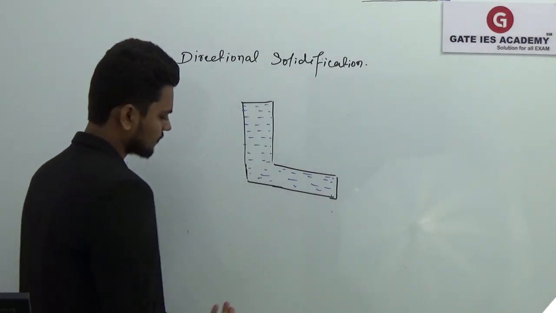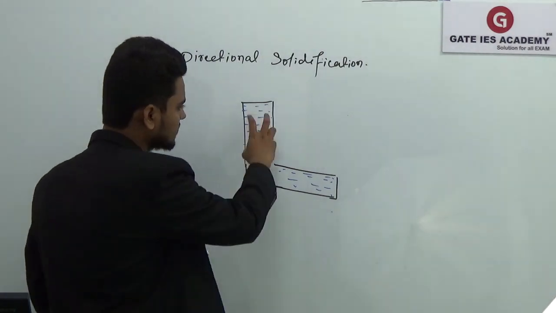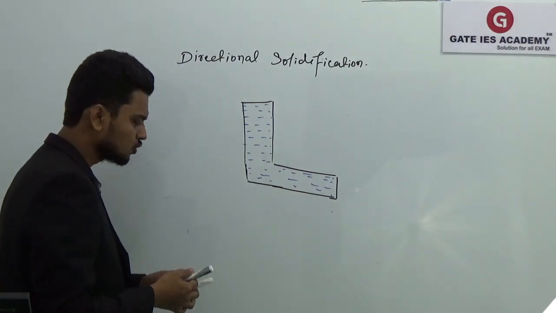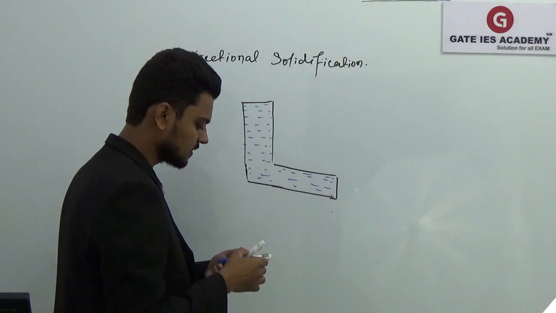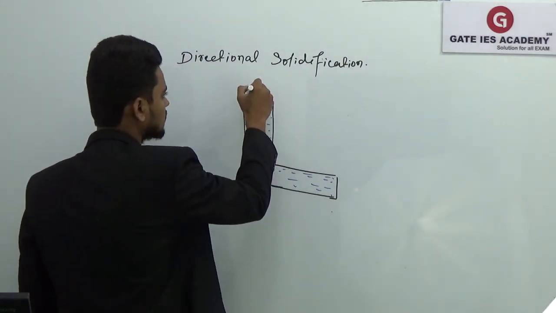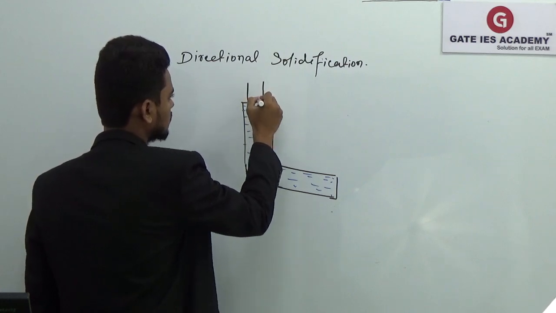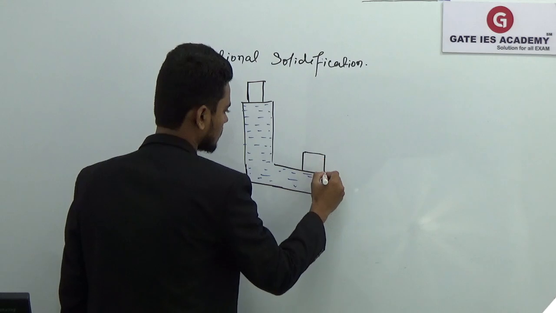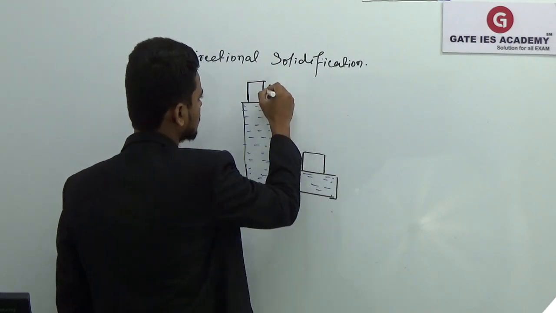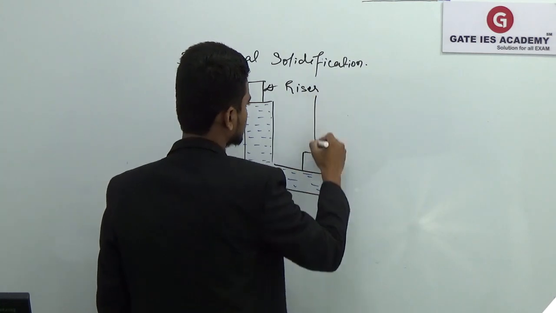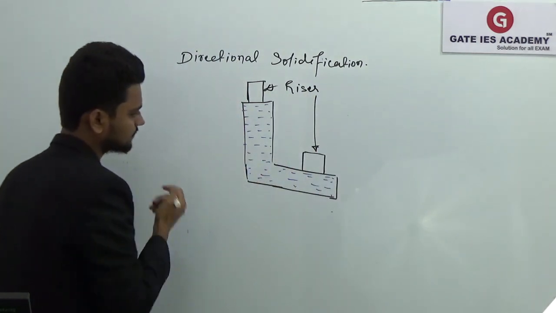Now obviously during solidification this liquid molten metal will contract, and to avoid that contraction or shrinkages, say we are using 2 risers. So this is your riser. This is your riser.